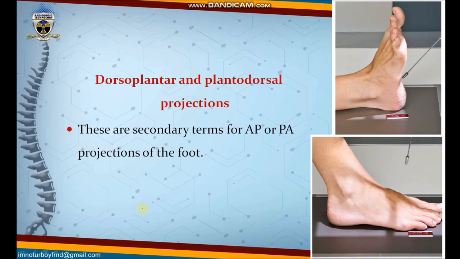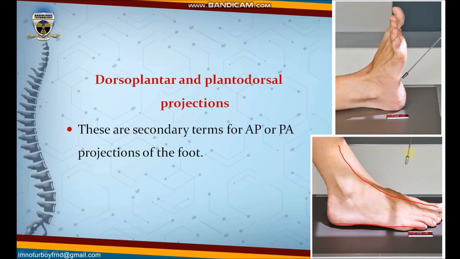Next, we have the dorsoplantar and plantodorsal projections. These are secondary terms for AP and PA projections of the foot. In our foot, this surface is the anterior portion, but we call it the dorsum pedis. And on the sole of our foot, we term that the plantar surface.